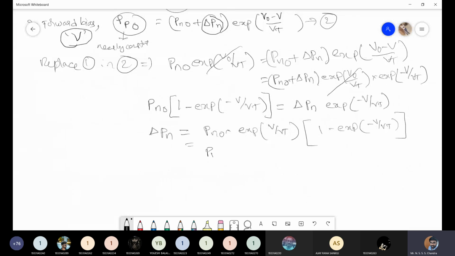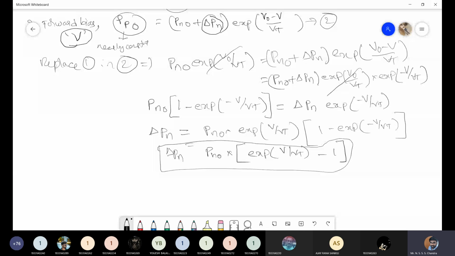Taking it inside, this becomes Pn naught into exponential of V by Vt minus exponential of V by Vt times exponential of minus V by Vt, which cancels and becomes exponential of 0, that is 1. So I am getting delta Pn is equal to Pn naught into exponential of V by Vt minus 1. I will take this as equation number 3.